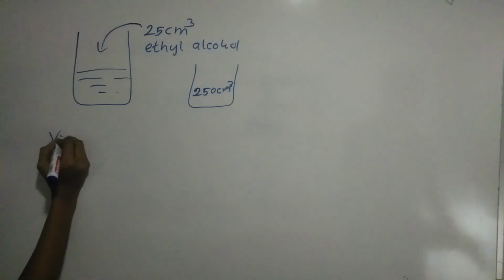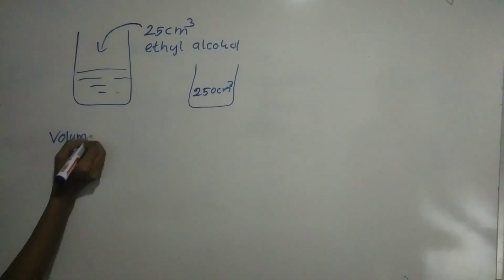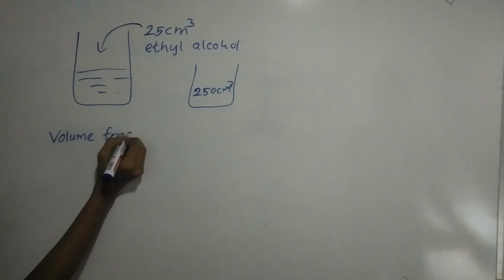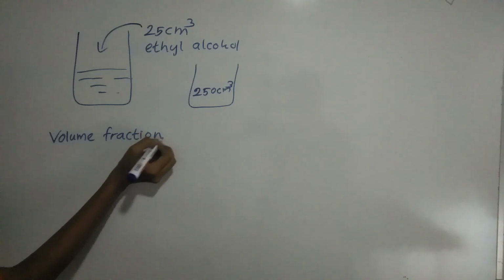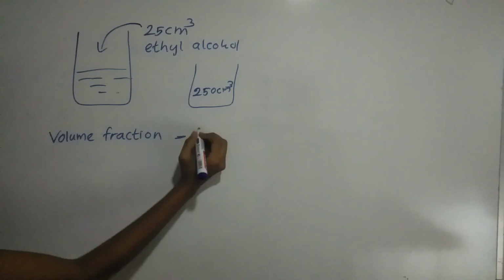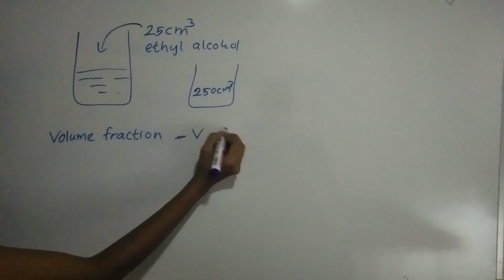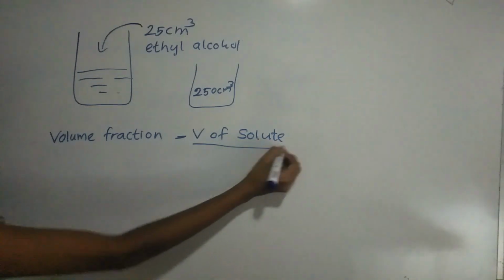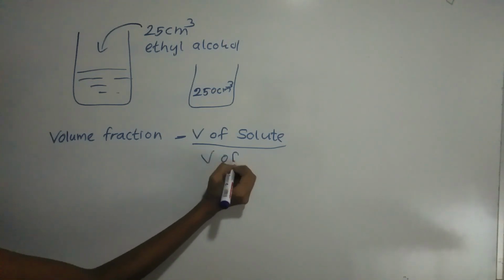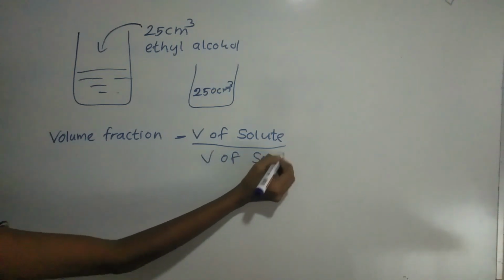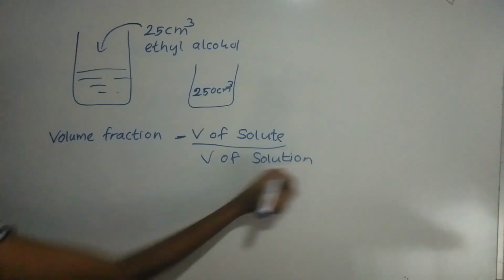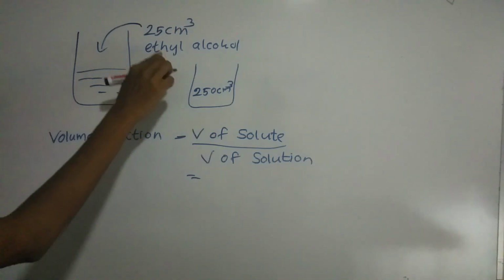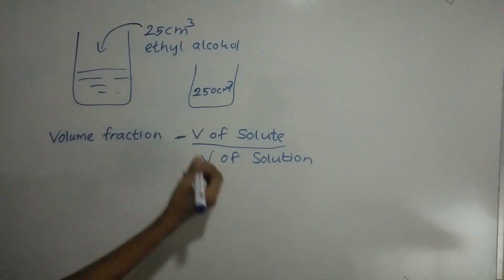So now we have to find the volume fraction. Volume fraction equals volume of solute over volume of solution. Volume of the solute is 25 cubic centimeters.